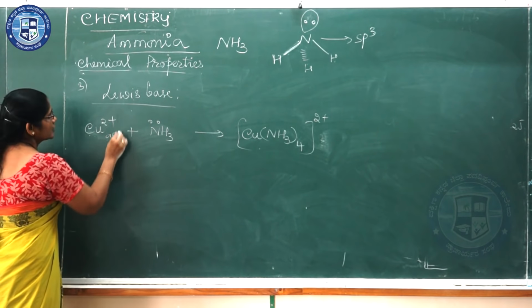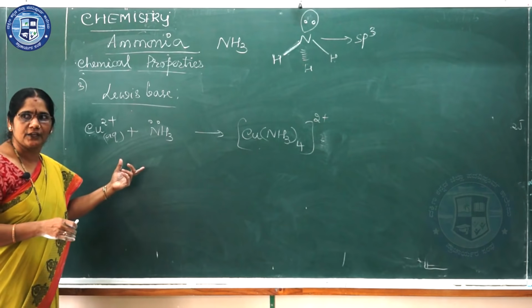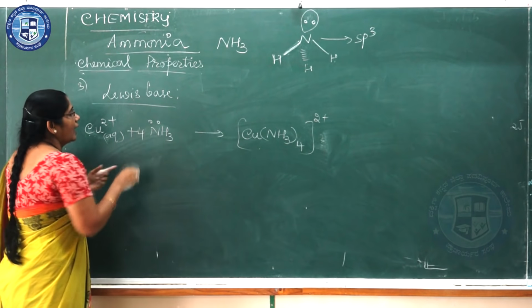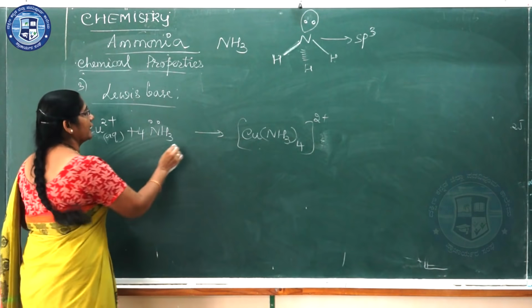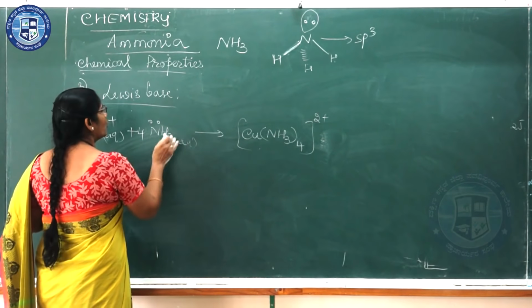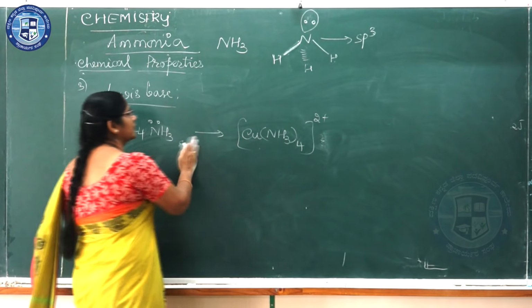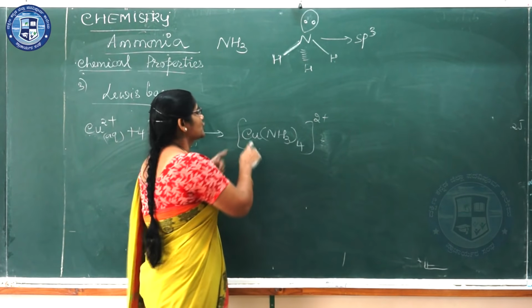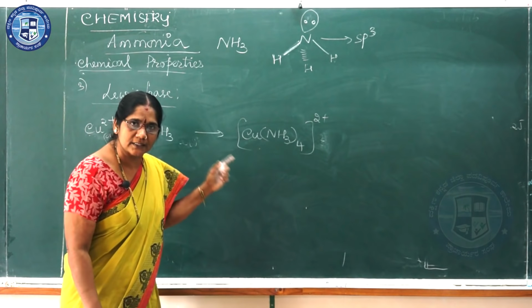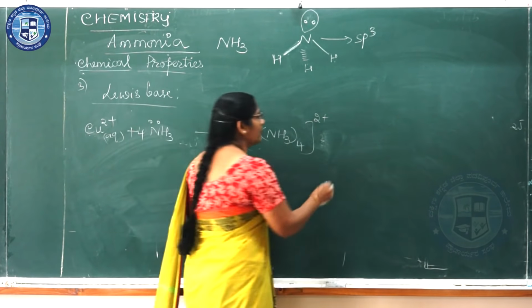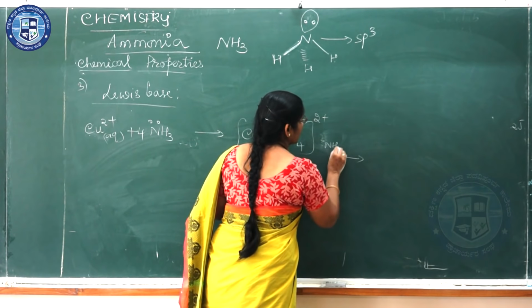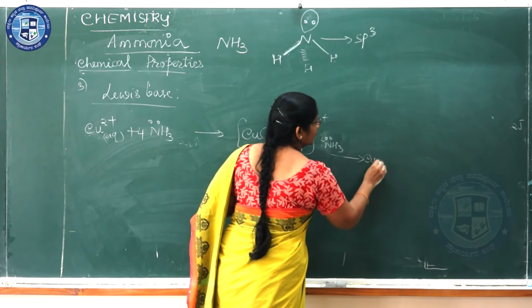For example, a solution containing copper 2+ ions, when mixed with ammonia in aqueous medium, these ammonias will donate electron pairs to the vacant orbitals of copper and form coordinate bonds. These are donated to copper 2+.